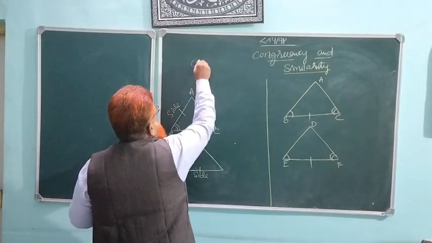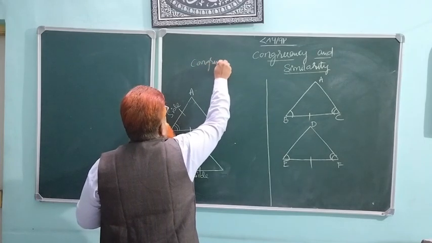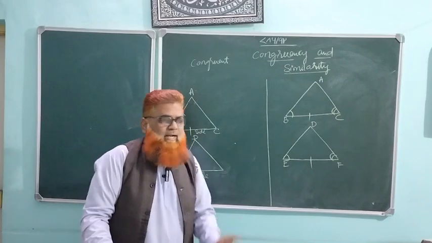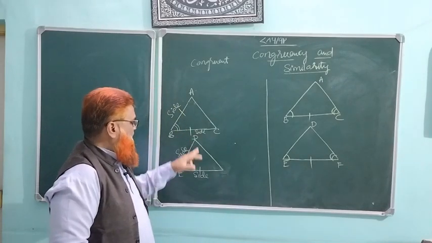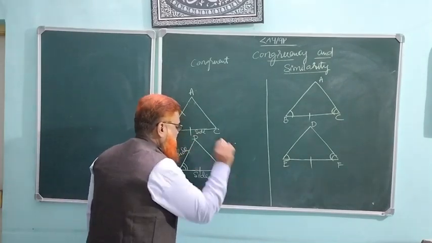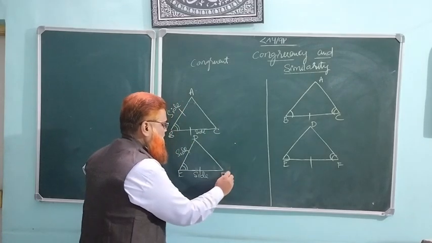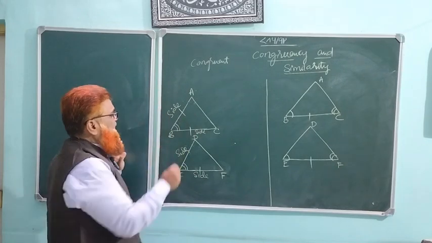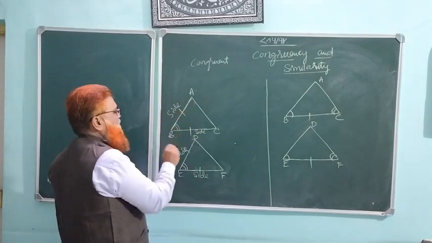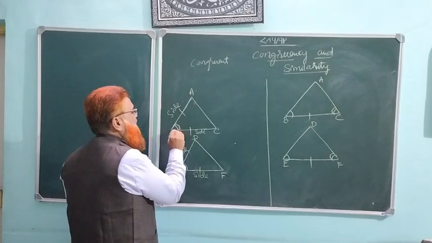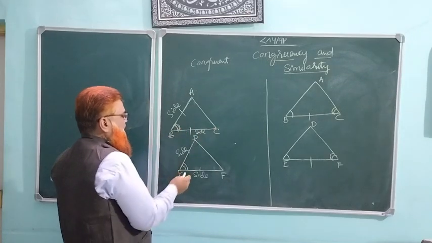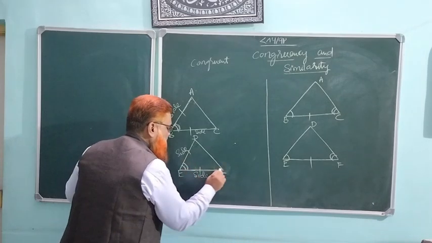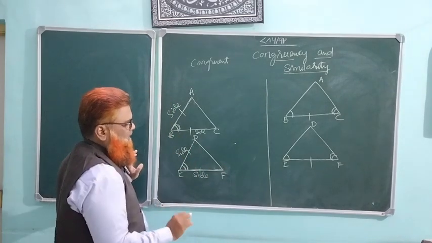Come on, see this. I have taken two congruent triangles, no doubt about it, we are talking about congruency. Take ABC and DEF. For ABC, you see that there is a side, one angle and another side. And in DEF also, there is a side, one angle and one side.